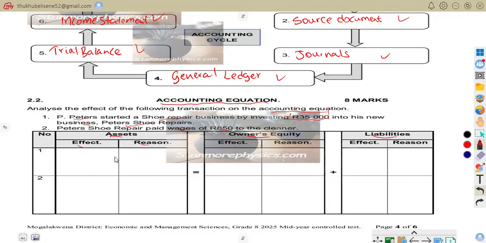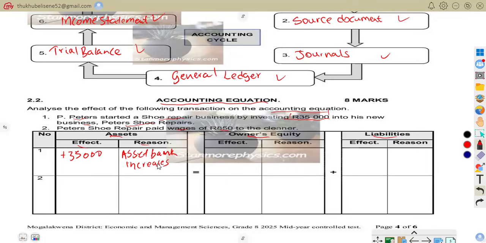So we are going to increase by 35,000. Our assets are increased because our bank account is increased by that amount. So we say asset bank increases.